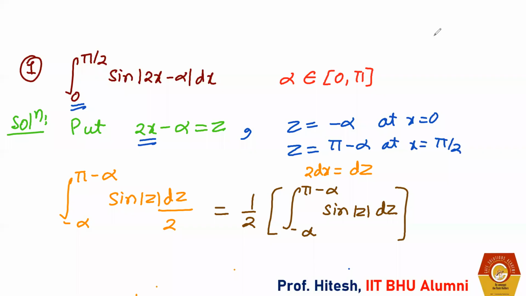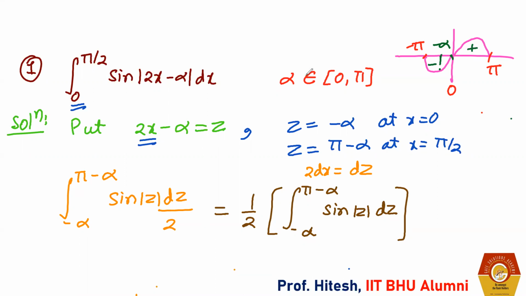You all must know the curve of sine. What does the sine curve look like? You can say this is 0, this is pi and this is minus pi. So minus alpha is an angle here, let us say some value between 0 and pi. From minus alpha to 0 the curve is negative, meaning minus pi to 0 it is negative and 0 to pi it is positive.